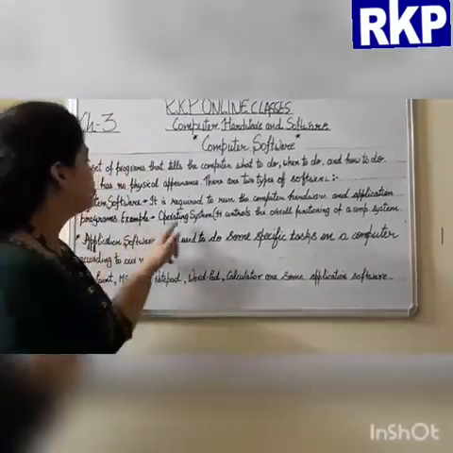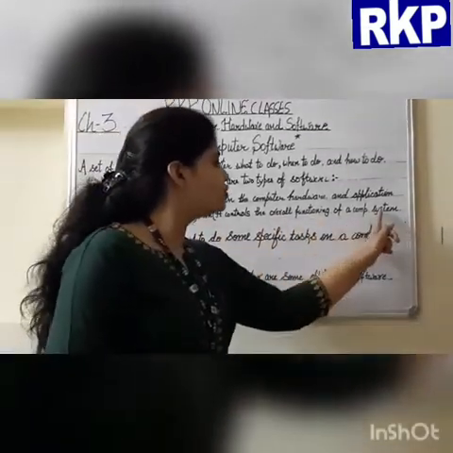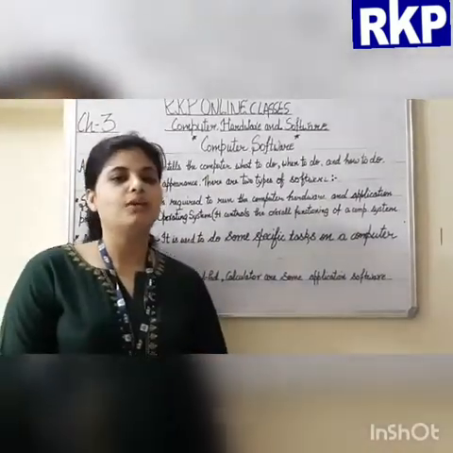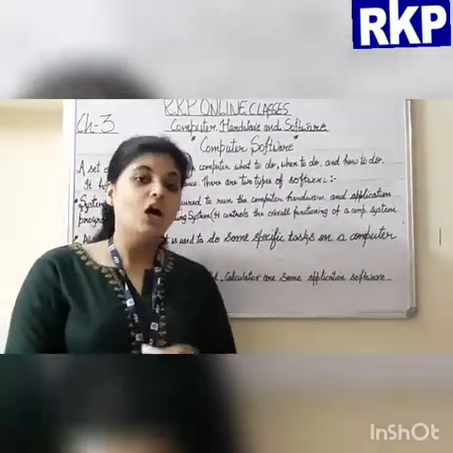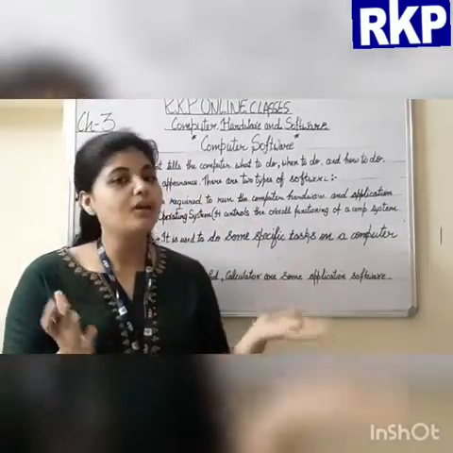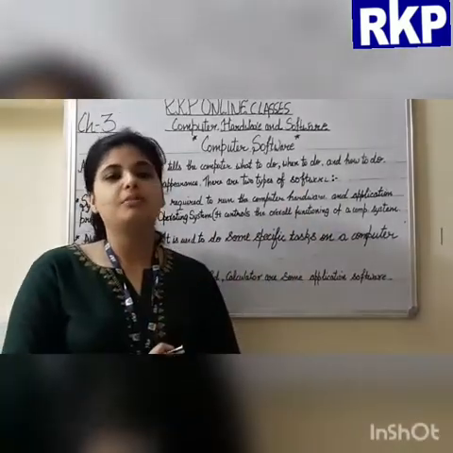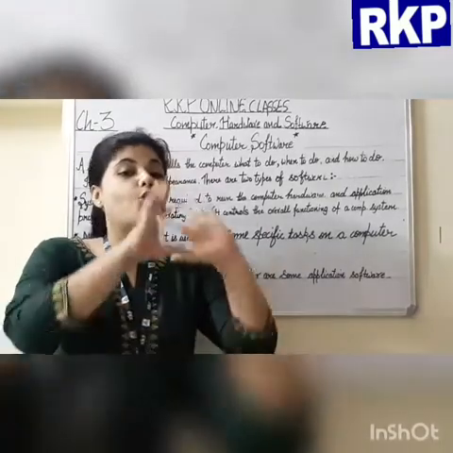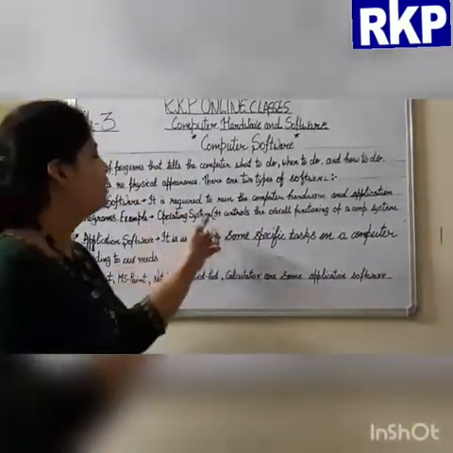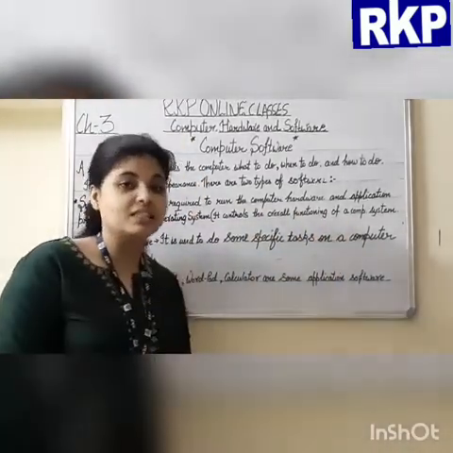Example of system software is operating system. It controls the overall functioning of a computer system. See students, if we talk about the school, the principal is the main head of the school, who controls the overall functioning, and all work according to the instructions of the principal. Similarly, this operating system controls the overall functioning of a computer system.